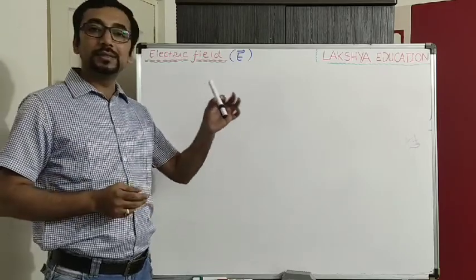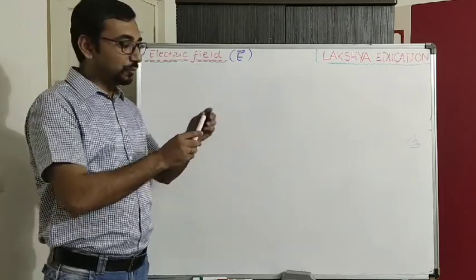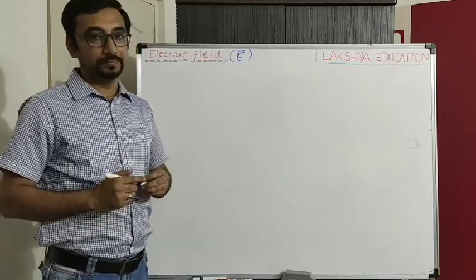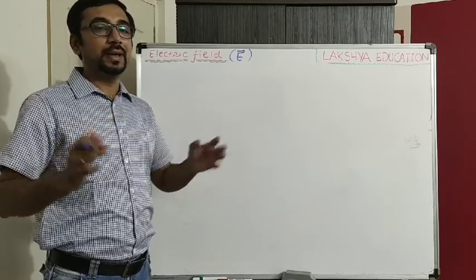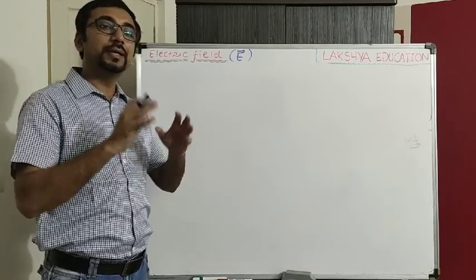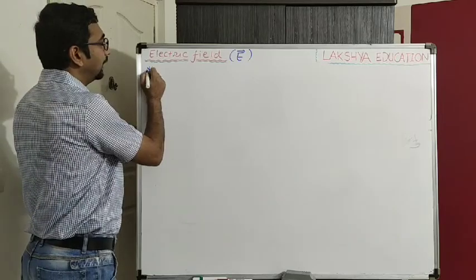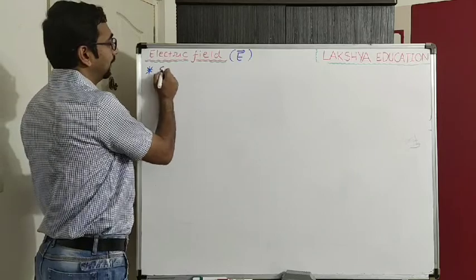Suppose this is a body on which we are charging, so charges will be continuously distributed on this body. Another option is that charges are separately arranged, that means discretely distributed. Here we will find the electric field due to n separate charged particles.